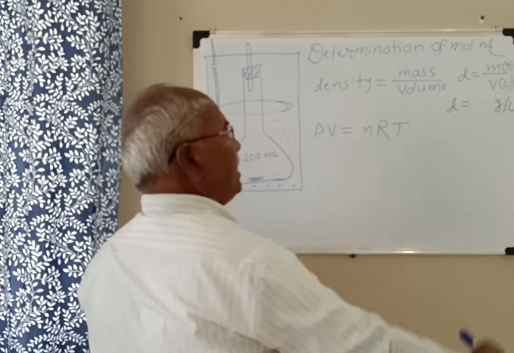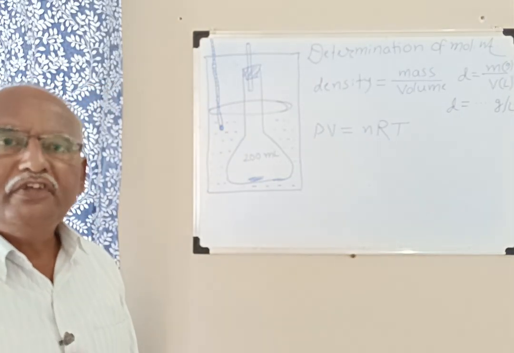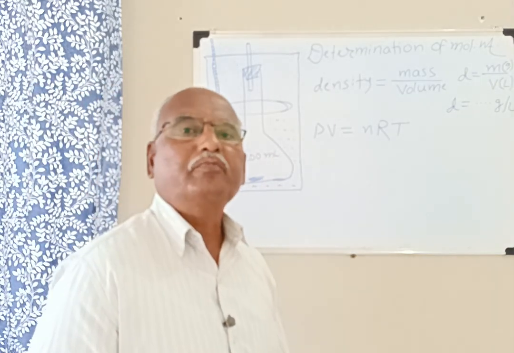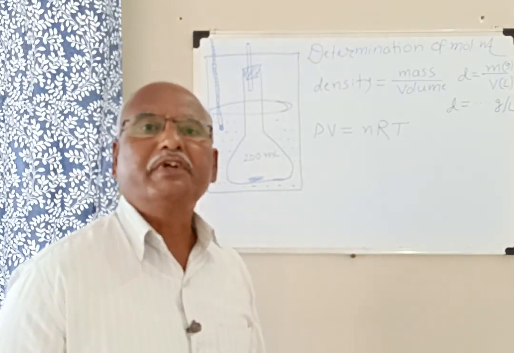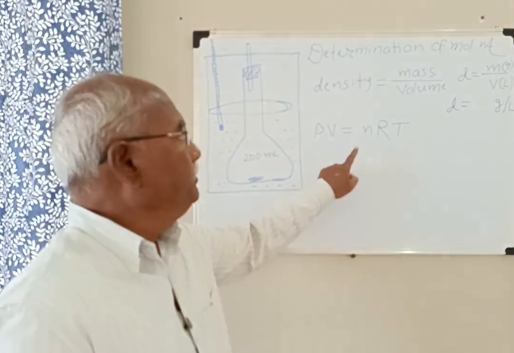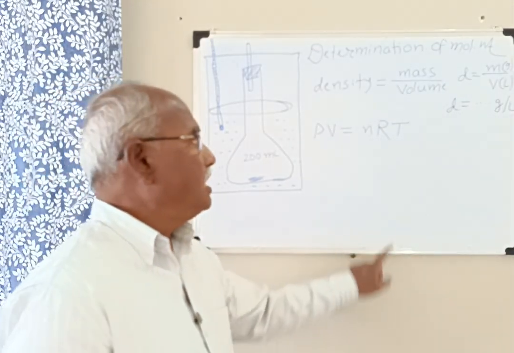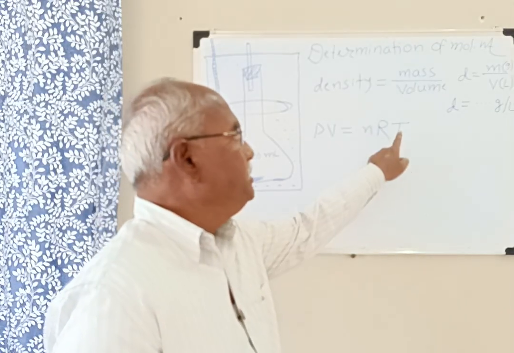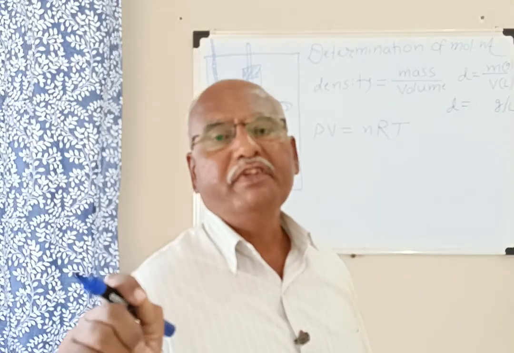This is ideal gas equation. In this equation, P is the pressure of the gas, V is the volume of the gas, n is number of moles, R is gas constant, and T is absolute temperature in Kelvin scale.